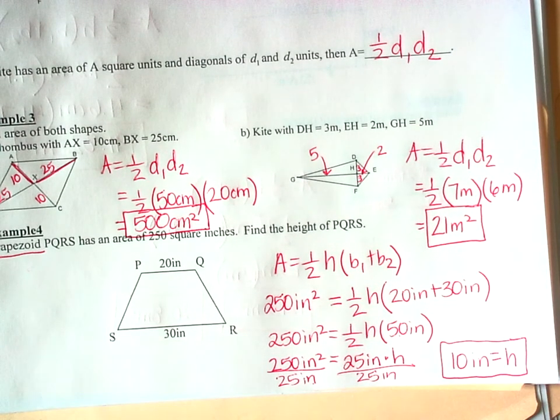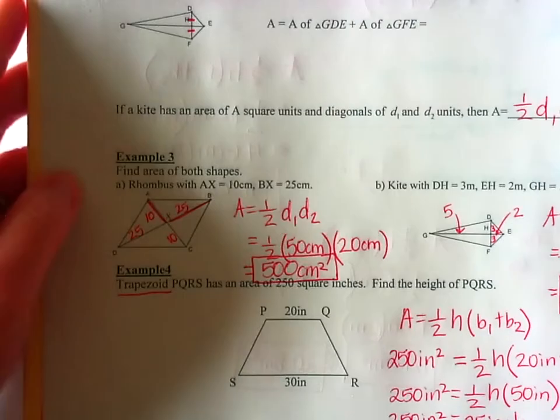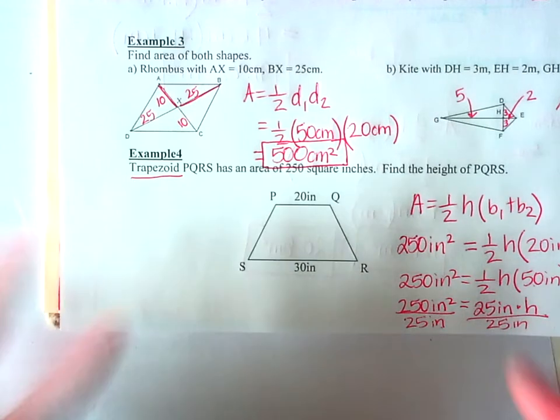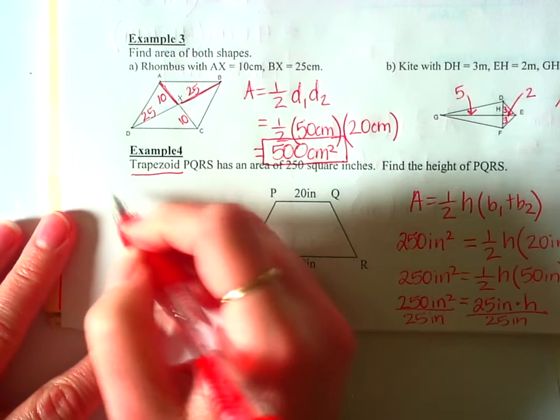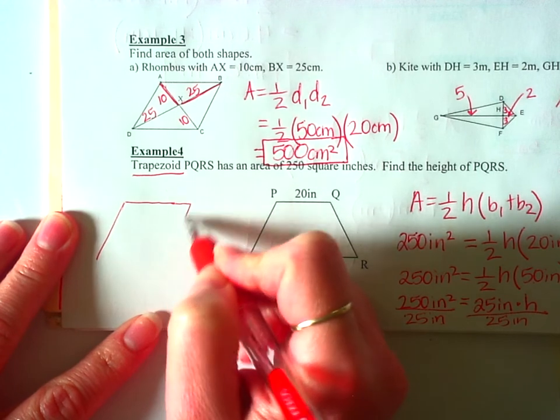Okay, so before I give you your assignment, I do want to do one other thing because there's some more challenging problems in the book. Okay, so for example, you might see something like this. So maybe a rhombus.